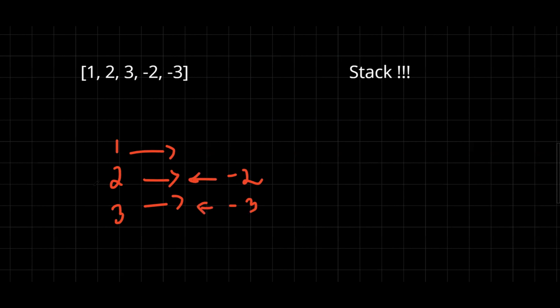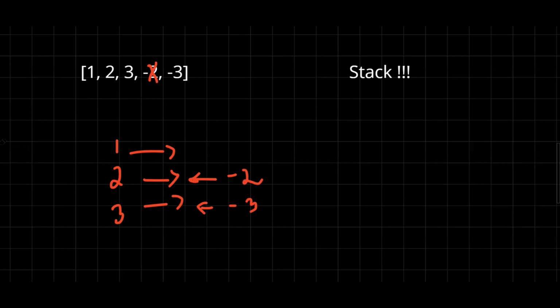For this pair, 3 and -2, when asteroid 3 and asteroid -2 collide, the asteroid -2 will vanish. So here, only 3 will remain.